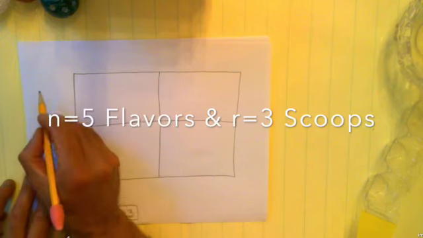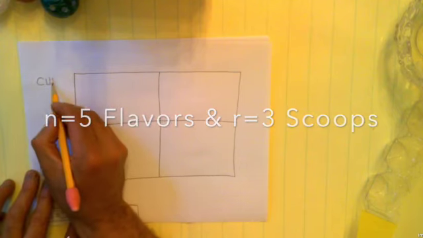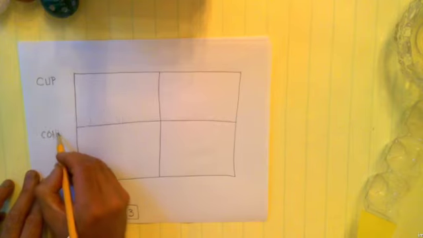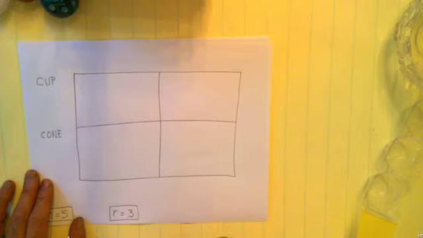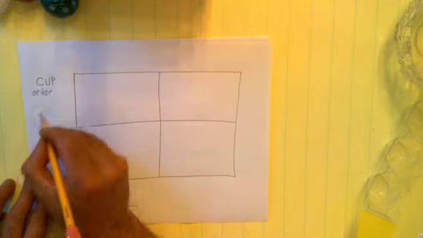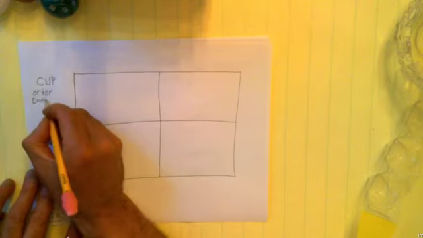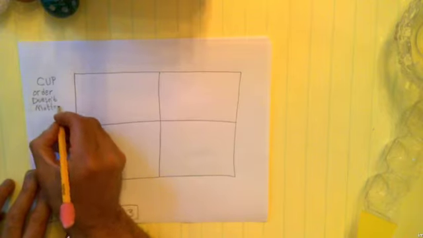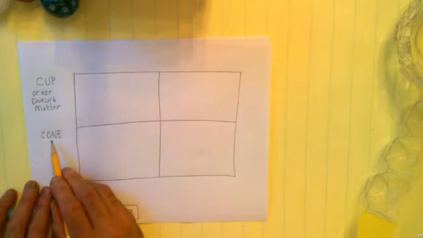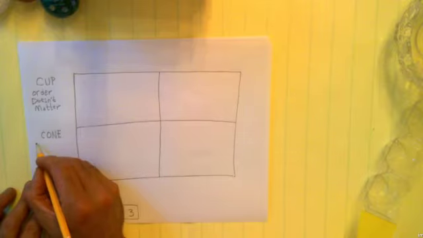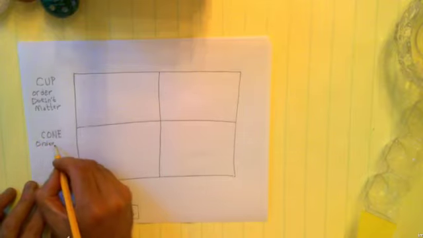Now, let's say that this here represents a cup. This here represents a cone. And let's say that when we are getting our 3 scoops in a cup, the order doesn't matter. And when we get our 3 scoops in a cone, we get a first scoop, a second scoop, a third scoop, and then the order does matter.